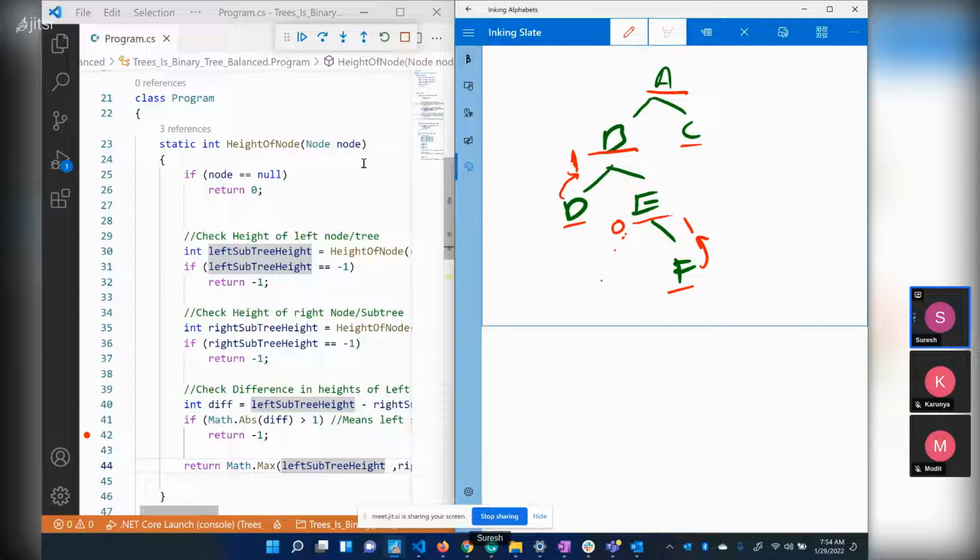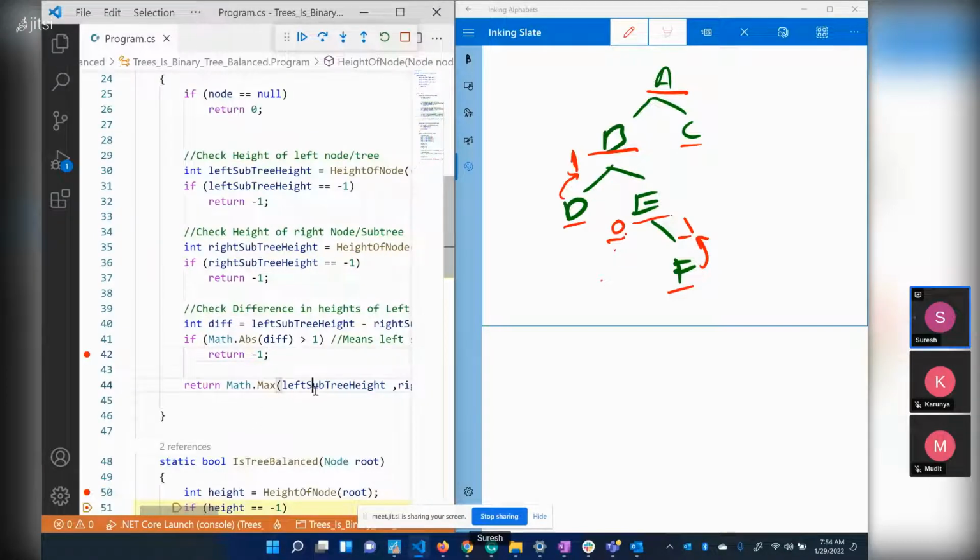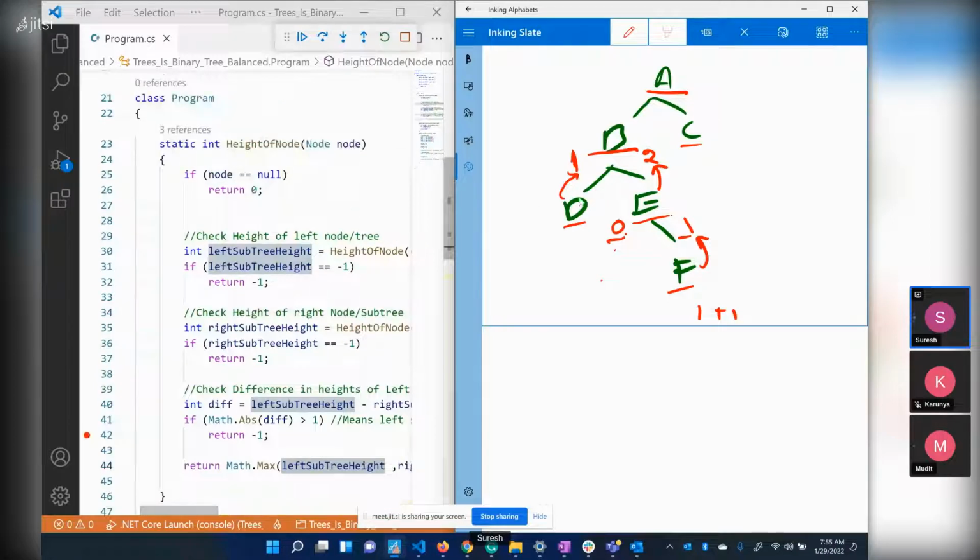Now you are at E again. So you got the left subtree height is 0, right subtree height is 1, and the difference is 1. Now you are calculating the max of left and right and adding 1. So maximum is 1, you're adding 1, so 2 will be returned to here. You guys following so far? Yes. So now you are at B again.